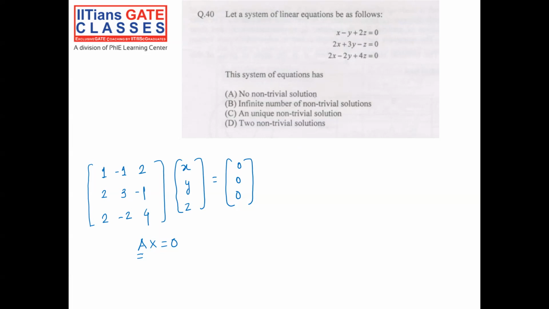Okay, so let's try to rewrite this matrix A. So I'll go to the next page, and here I will write the matrix A is 1, minus 1, 2, 2, 3, minus 1, 2, minus 2, and 4.